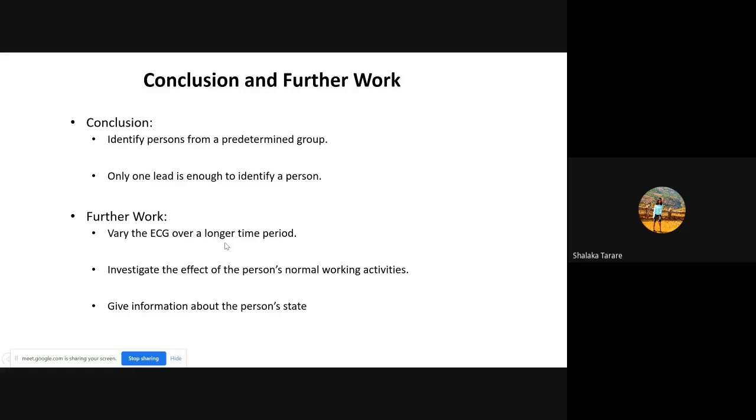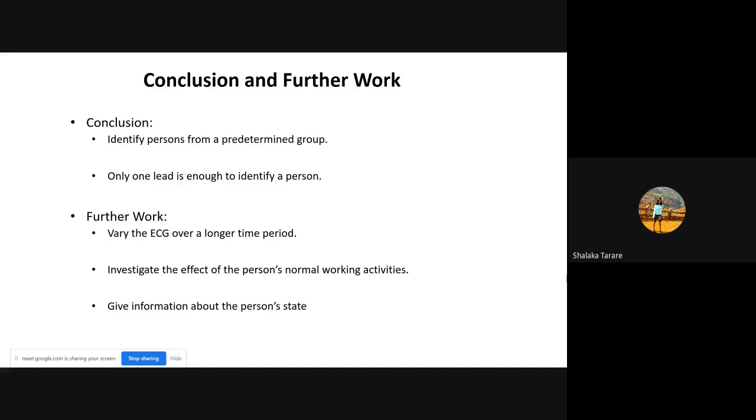It would also be of interest to analyze if the proposed ECG measurement can give information about the person's state, that is, how stressed the operator is, his or her overall physical health, etc.